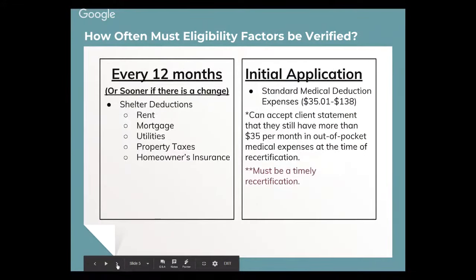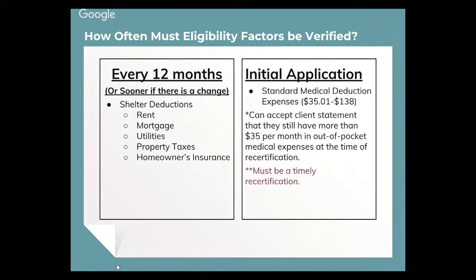Some items that we may only need to verify every 12 months if there have not been any changes to that case or any lapse in benefit for that case would be shelter deductions. So rent, mortgage, utilities, property taxes, and homeowners insurance.